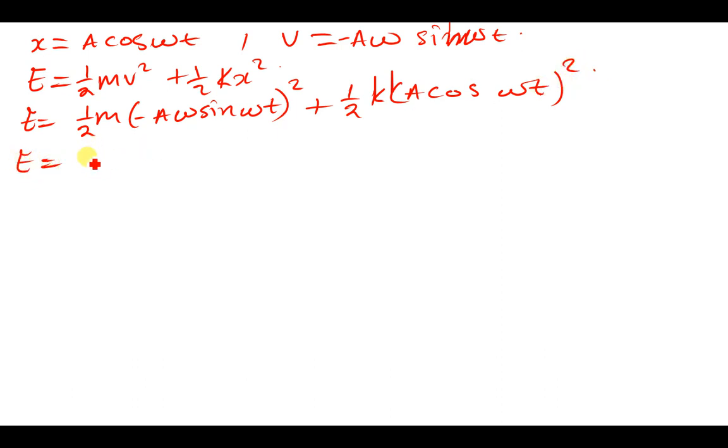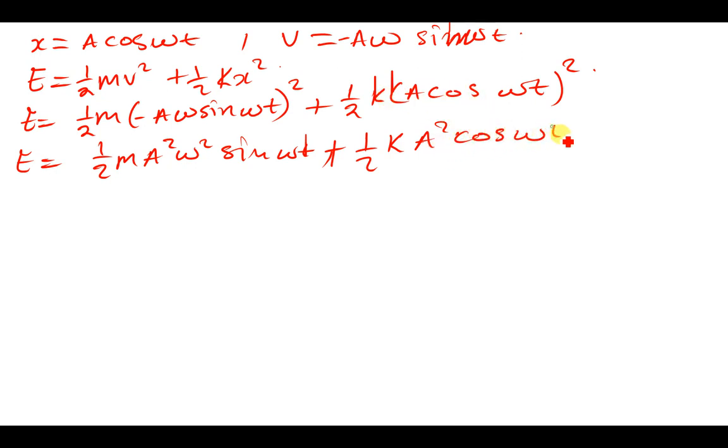So E is equal to half m. When you simplify that, this will give us a squared omega squared sine omega t, and then plus half k a squared cos omega t.